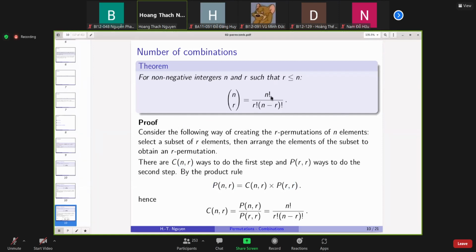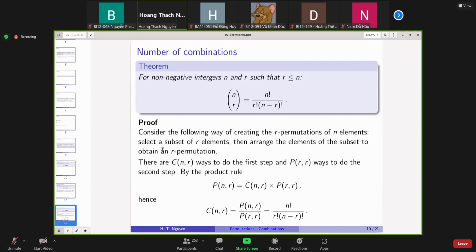Okay, so this type of proof is called a combinatorial proof or a double counting argument. What is it called in Vietnamese? Roughly, you count something in two ways.